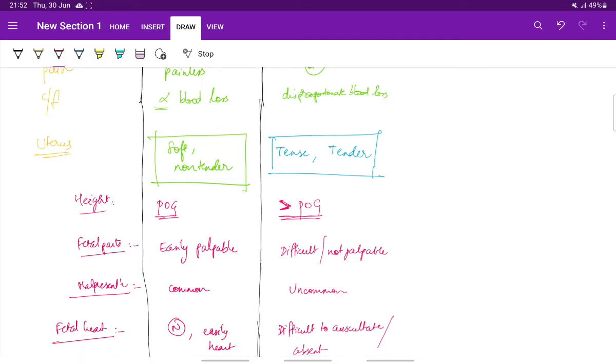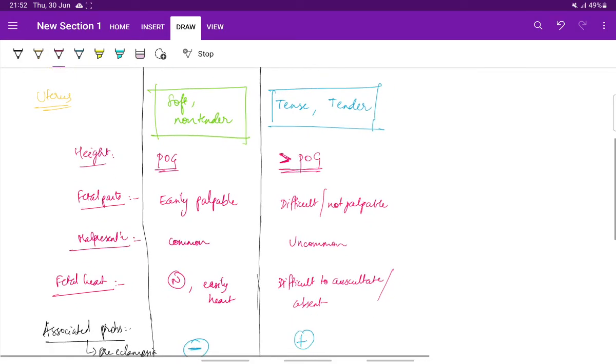Height of the fundus of the uterus corresponds to the period of gestation or the period of amenorrhea in case of placenta previa, whereas in case of abruptio placentae it is more than the period of gestation or the period of amenorrhea. Then the fetal parts are easily palpable in placenta previa, whereas it is difficult or not palpable in case of abruptio placentae. Then the malpresentations, which are more common in placenta previa, but they are uncommon in abruptio placentae.